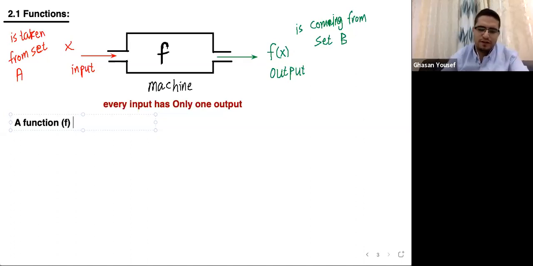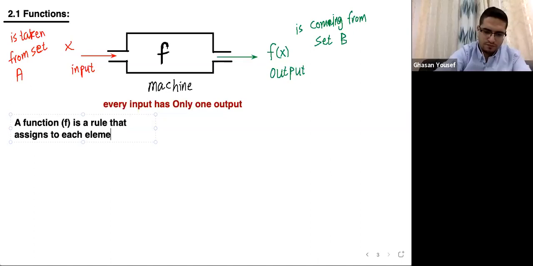We have different letters, m, s, whatever you need, but I'm going to take the function f as a rule that assigns to each element x in a set A exactly one element in a set B, called f of x.